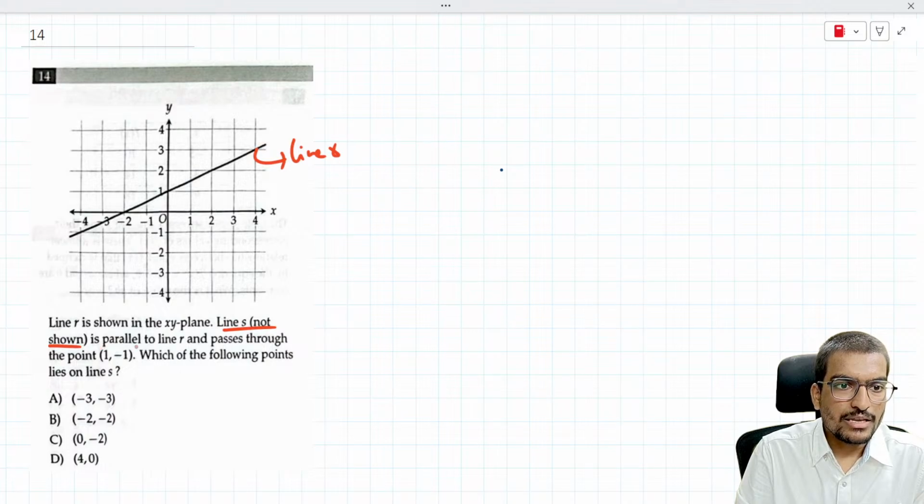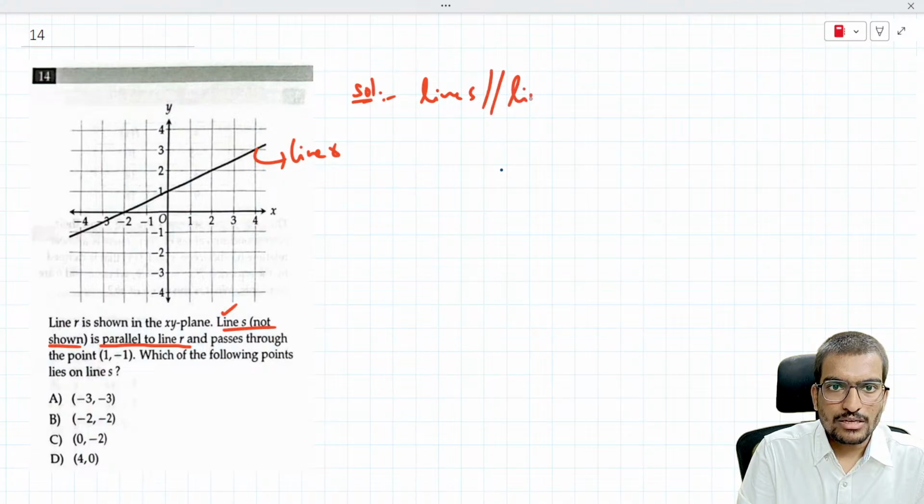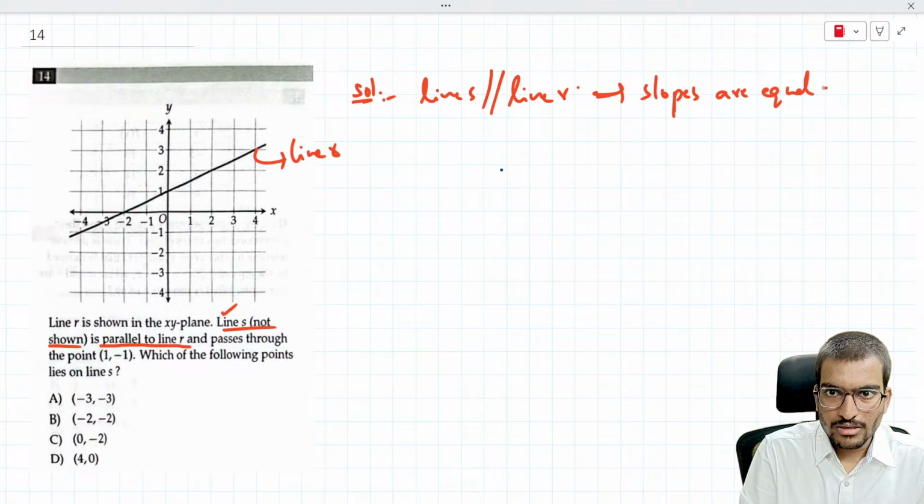Line S is parallel to line R, which means if two lines are parallel, then their slopes are equal. Line S has equal slope and passes through point 1 comma negative 1. Which of the following points lies on S?